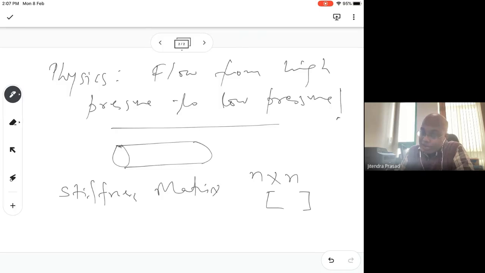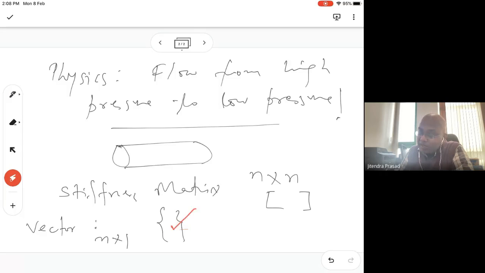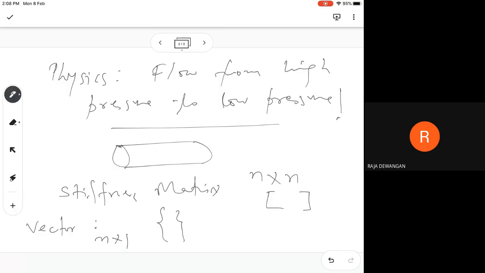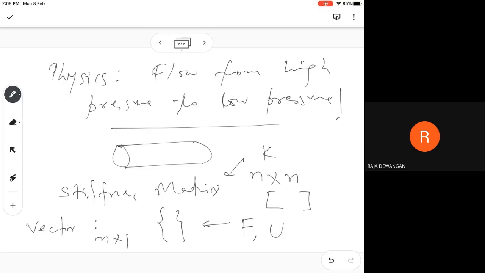When we say vector, it will have n by one dimension, and hence we use a curly bracket, just to denote that this is a one dimensional matrix and this is a two dimensional matrix. So you have force and displacement both as vectors, and this will be K.